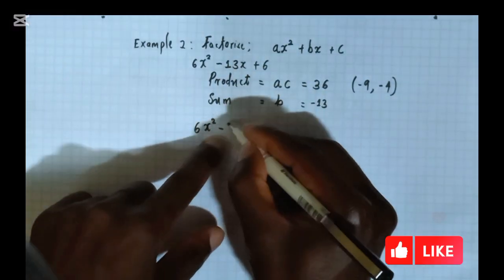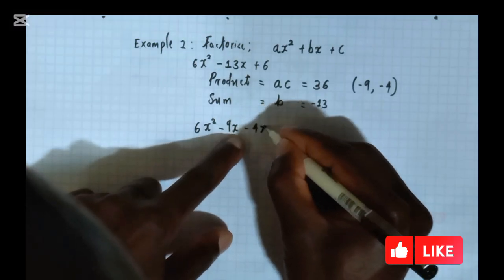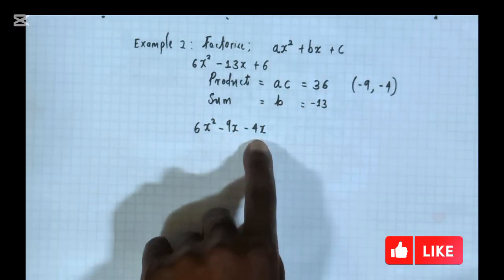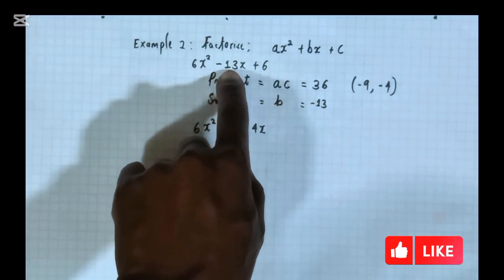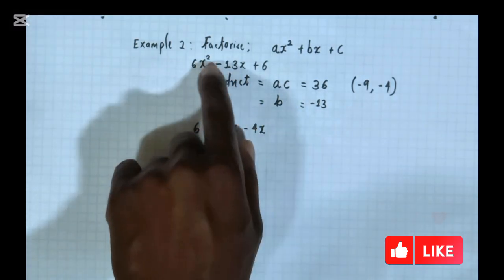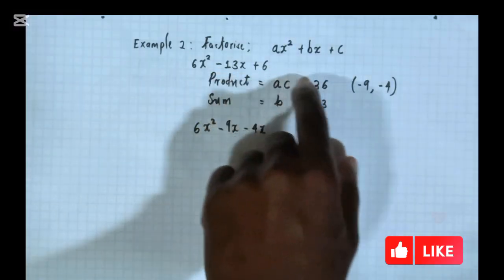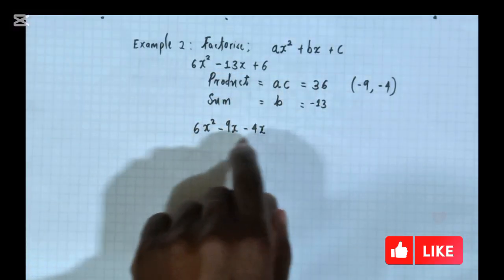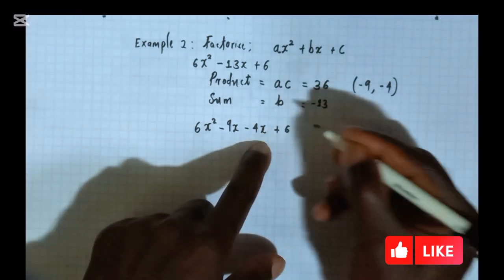So that's going to be negative 9x minus 4x. When you take negative 9x minus 4x, basically you're supposed to get negative 13x. So we're just rewriting this particular quadratic expression using these two numbers, that is negative 9 and negative 4, plus 6.